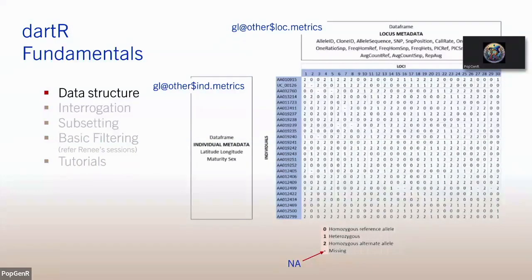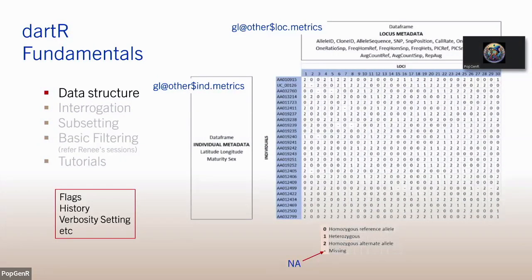And then of course missing data. I'm showing them here as dashes, but they're actually NAs. Anyone that programs in R would know why it's NA. So basically the missing values are NAs. And then we add other stuff into the genlight object that you probably don't need to know about all of, but there are flags in there which indicate that, for example, the call rate has been calculated, and it's in the locus metadata.